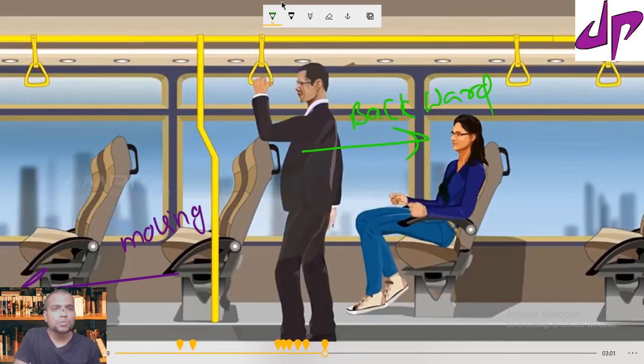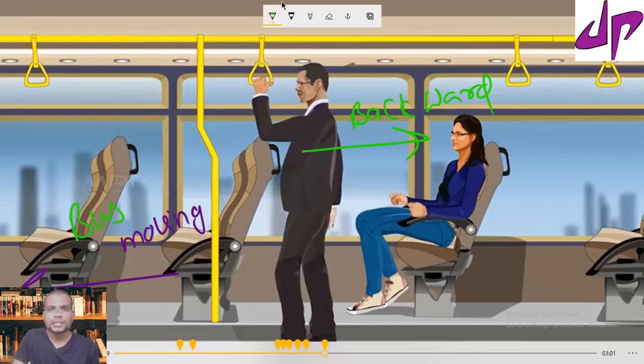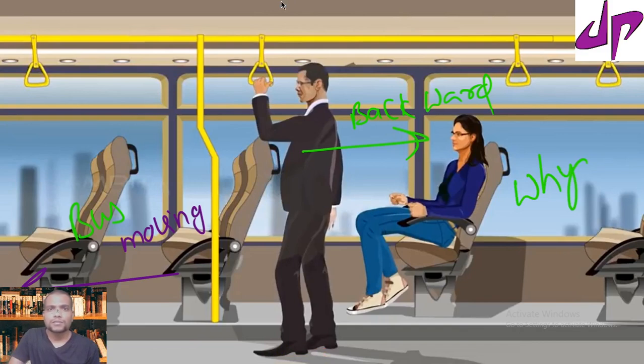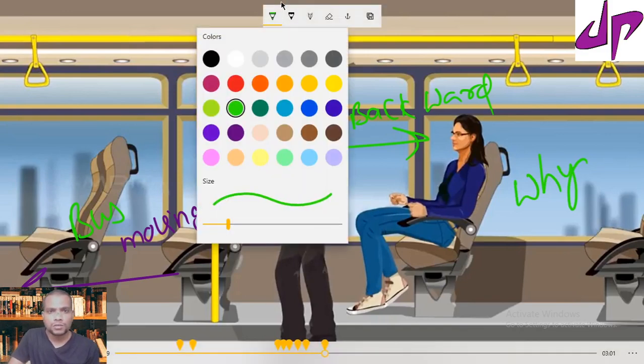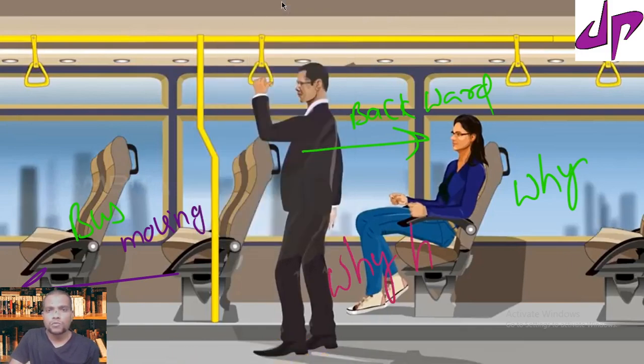The person moves in the backward direction. Why? What is the reason? I would like to pick another color so you can see that properly. Now, why is he moving backward?